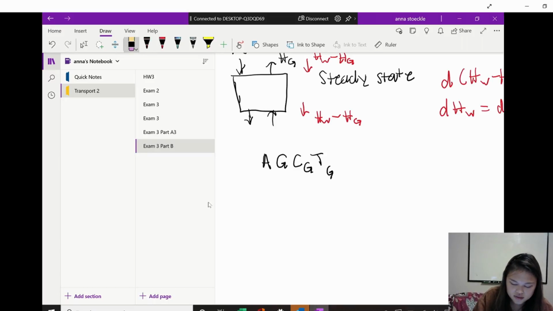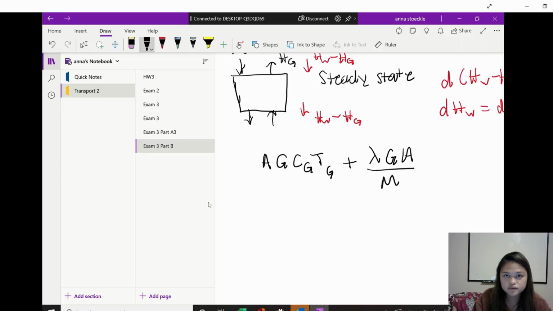So that's why I'm adding it, which is going to have that heat of vaporization, that gas flow rate times the area all over the average molecular weight, and multiplied by that mole fraction. Because this is going to be the total moles per second of the gas phase, and multiplying it by that mole fraction of the water is to get that water vapor component. And then all of this together is the enthalpy of the gas phase.